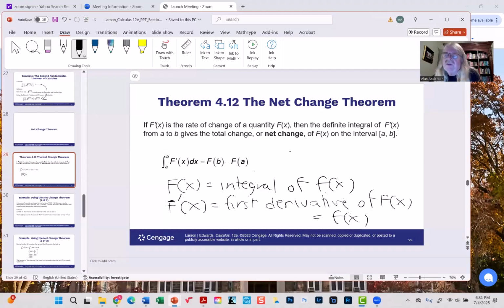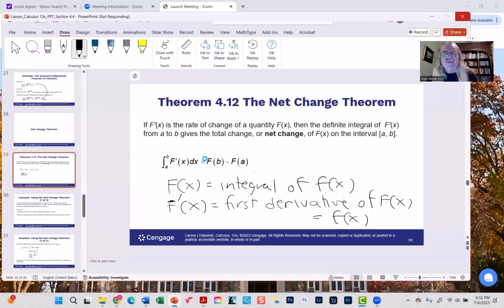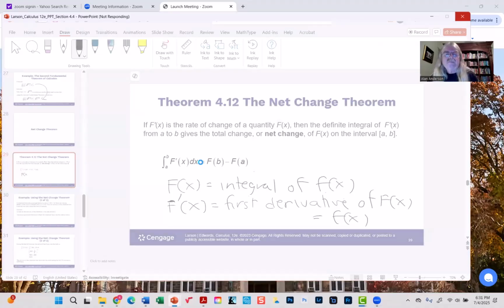In other words, capital F prime of x means you've taken the integral and then the derivative, and now we're bringing back the original value of f of x. So the net change of a function looks like this. And we'll do an example in a second.